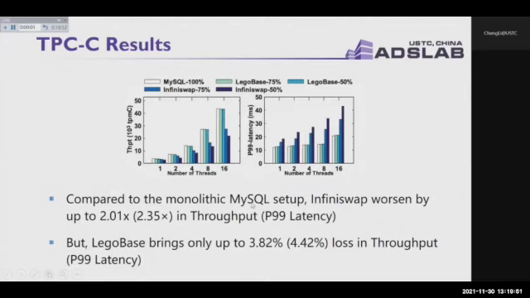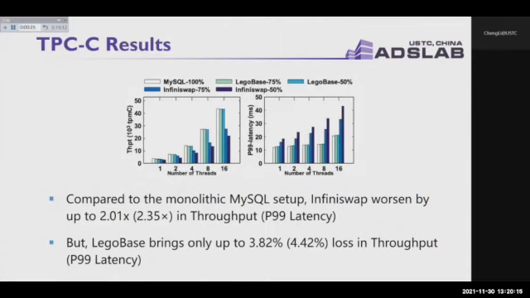The first set of results I show is with TPCC. We run TPCC and increase the workload by increasing the number of threads. Here we present the throughput in terms of TPMC, and also report the 99th percentile latency in microseconds.